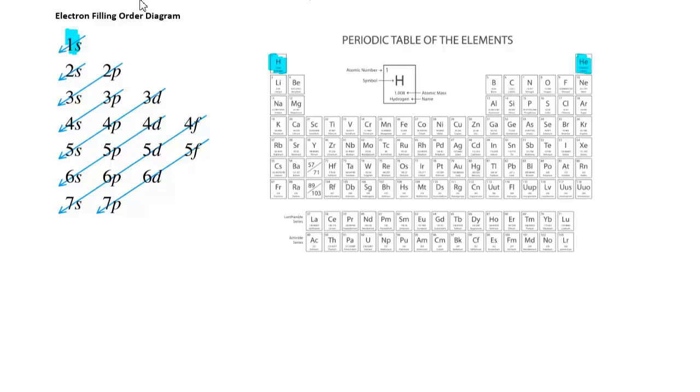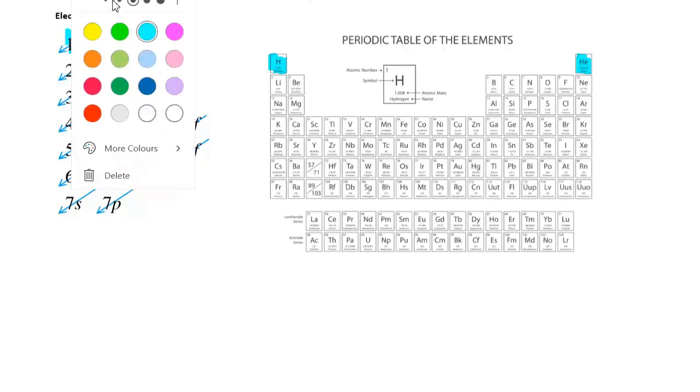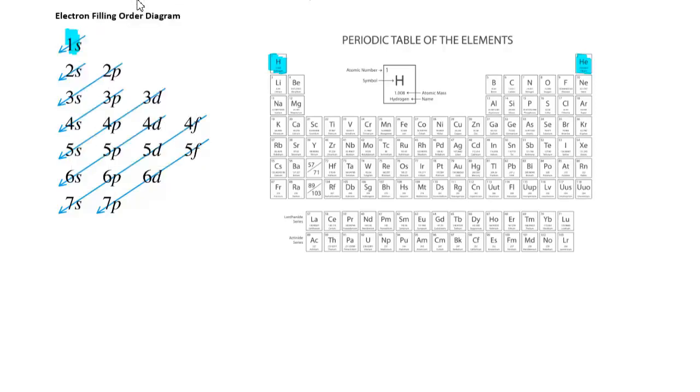So the S subshell can only contain 2 electrons, and you can see that you can only have a max of 2 electrons in that shell. The next one, I might keep it aqua, hang on, is the second shell, which is also the S. So you can see that that's it there.